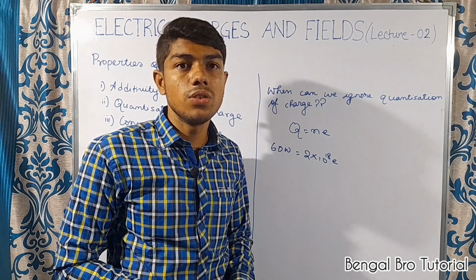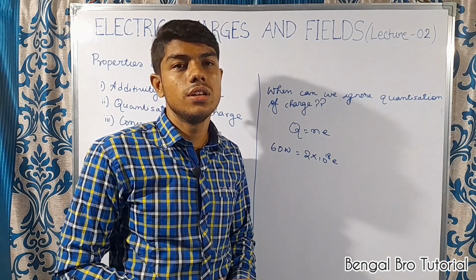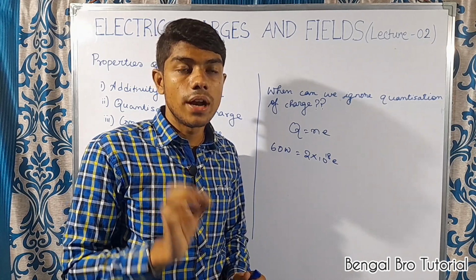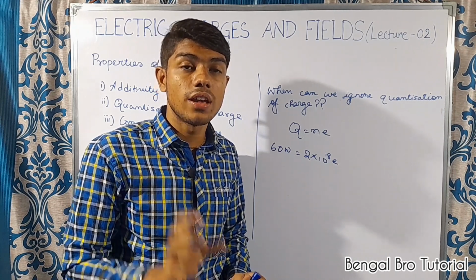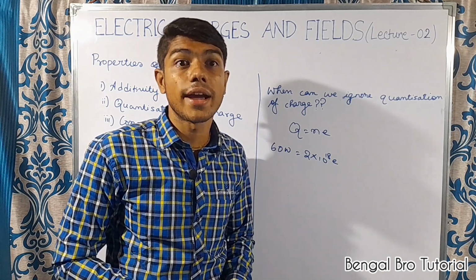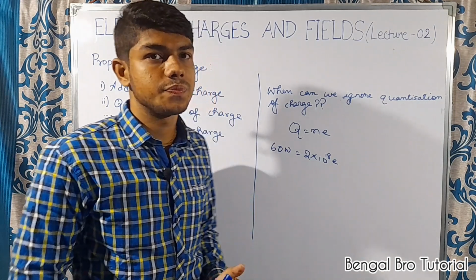That's why, while dealing with macroscopic situations, the quantization of charge can be ignored. But it has to be very carefully taken into account when we are dealing at the microscopic level.